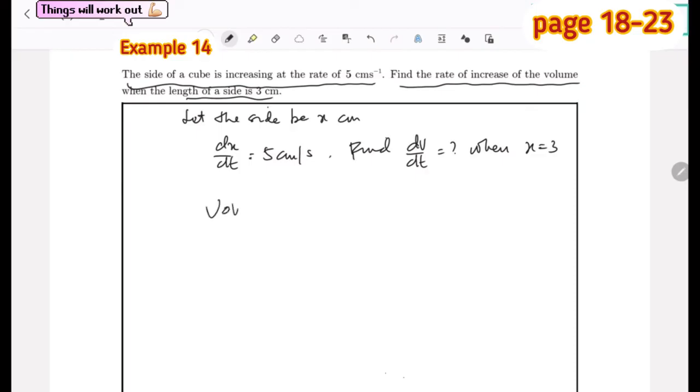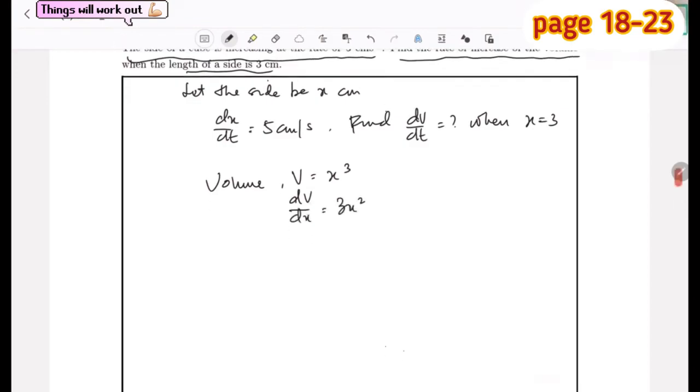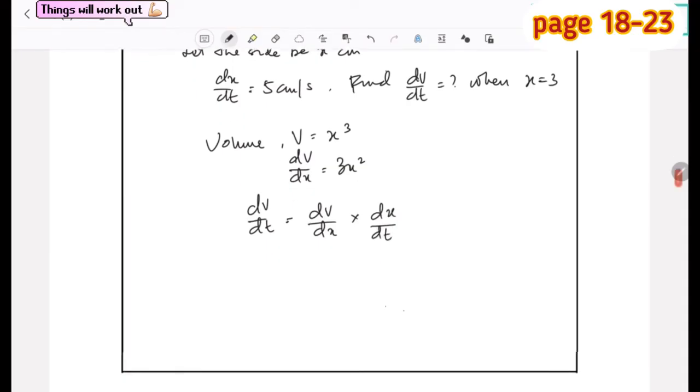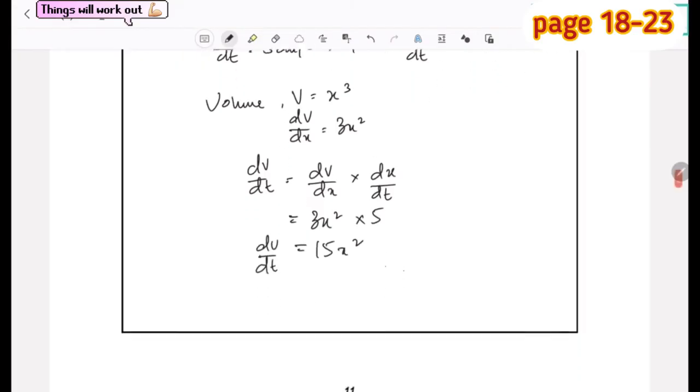Volume of a cube, V, is x cubed, so dV/dx is 3x squared. We want to find dV/dt, so that is dV/dx times dx/dt. Substitute 3x squared times 5, so we get 15x squared. So that is our dV/dt.